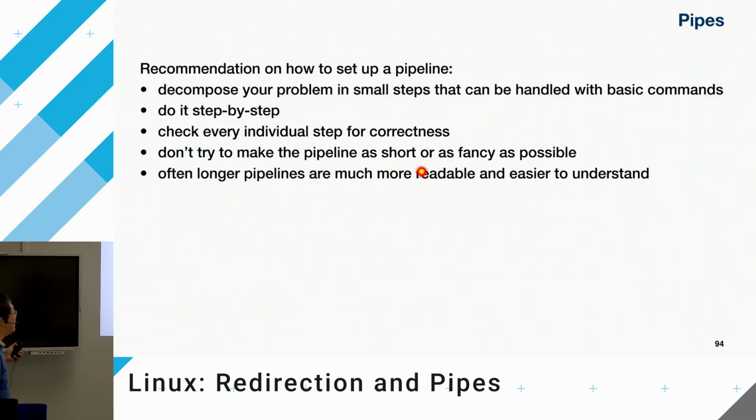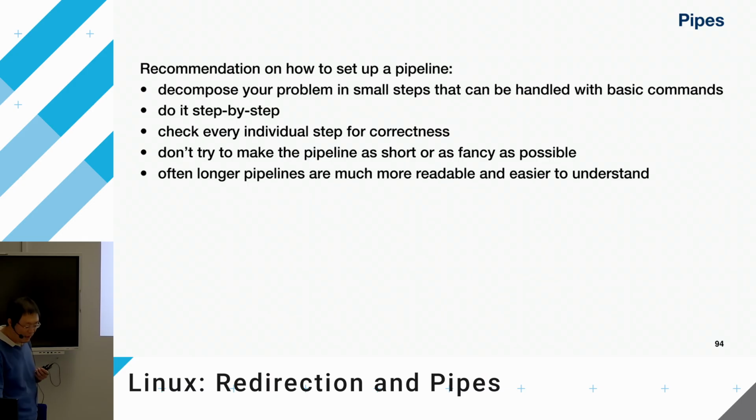As you can see, pipes are very powerful, especially for automating complicated tasks. To construct a pipeline, here are our recommendations. First, think about how to decompose your problem into smaller steps, do the tasks step by step, and check the correctness of individual steps.